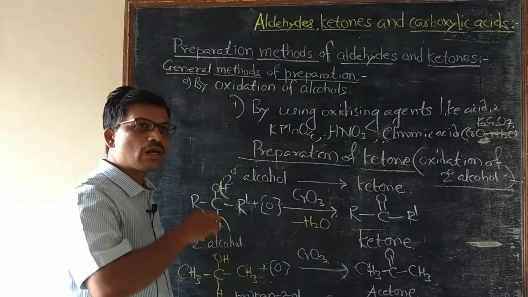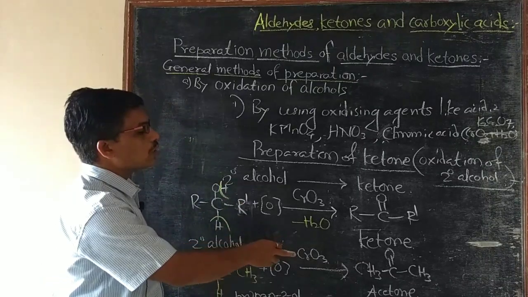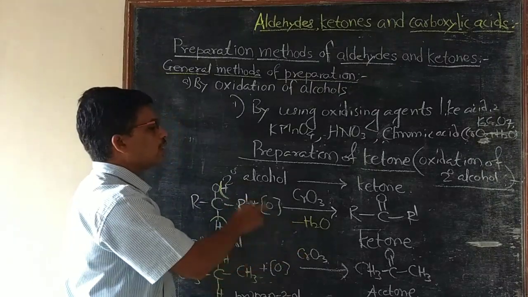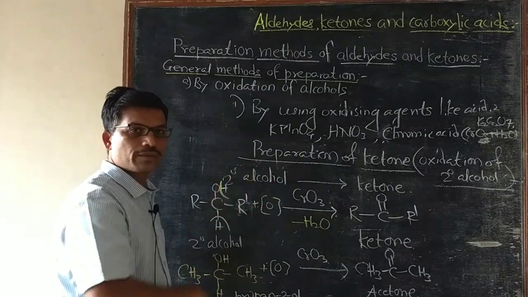Secondary alcohols can also be oxidized to ketones by using PCC, that is pyridinium chlorochromate.